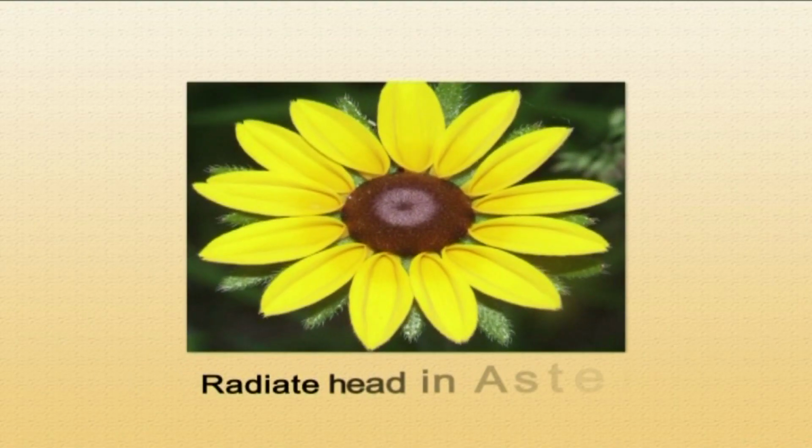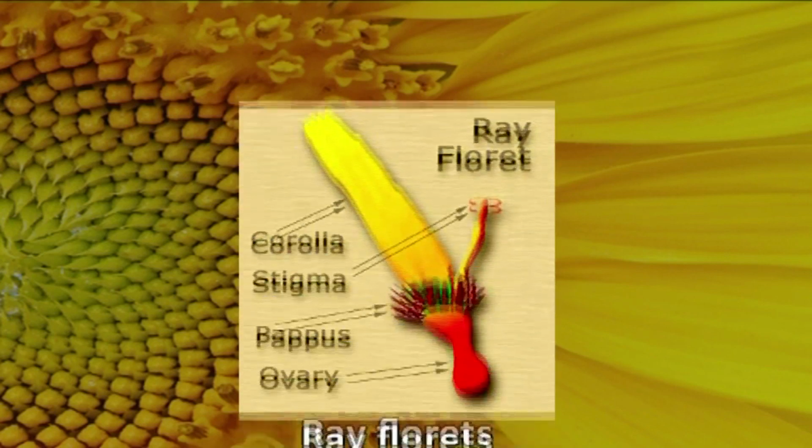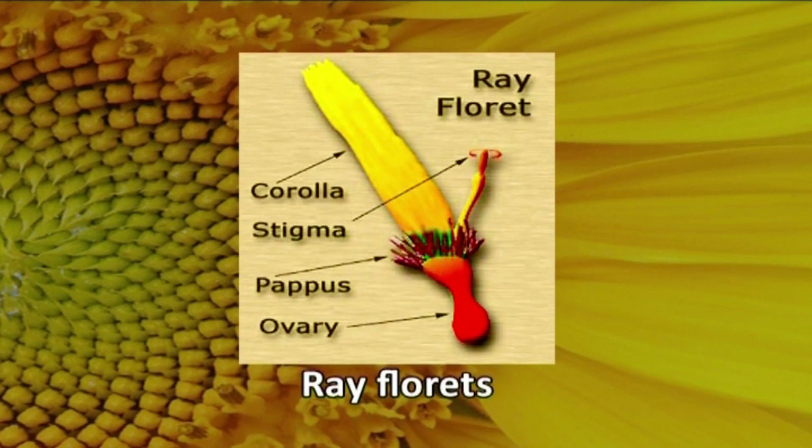The third type of head in Asteraceae is called radiate. This is the most common type of head that we see in Asteraceae, wherein we have central bisexual or staminate disc florets and peripheral pistillate or sterile ray florets.